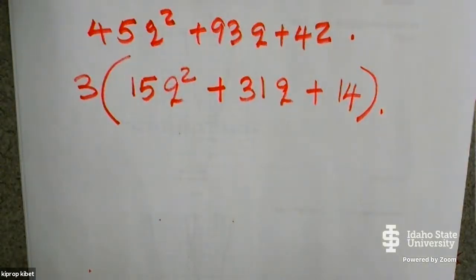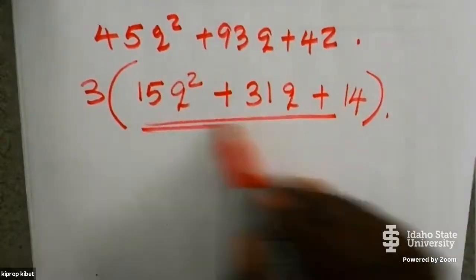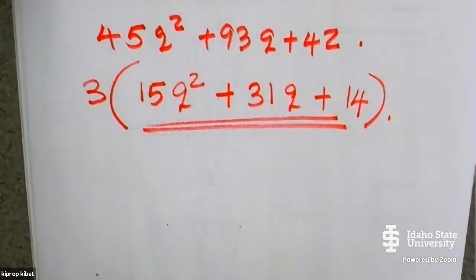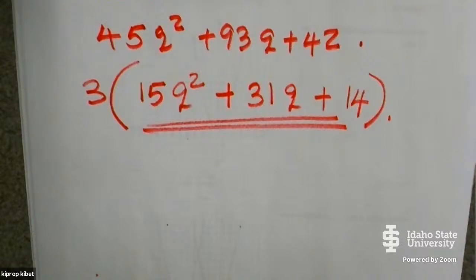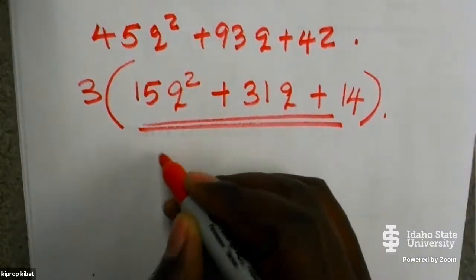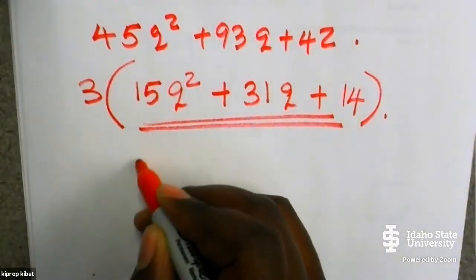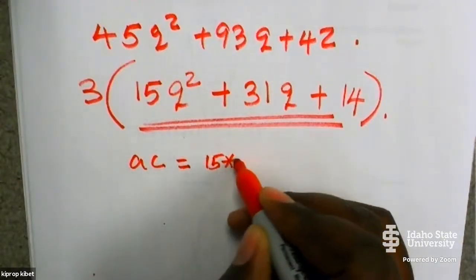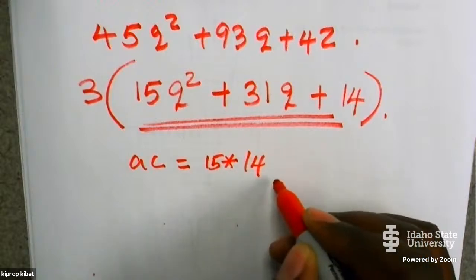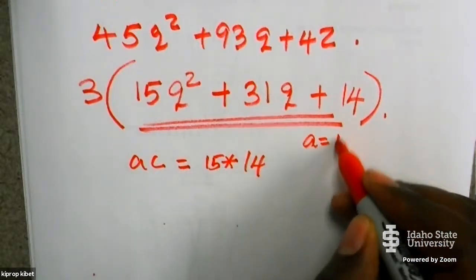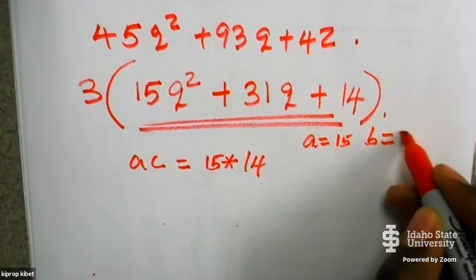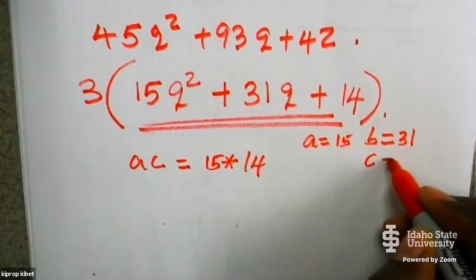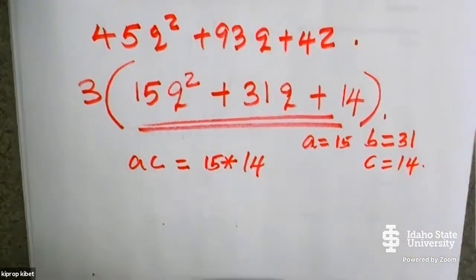Then now you're able to factorize the one which is inside. So here, our AC equals 15 multiplied by 14, because our A equals 15, our B equals 31, and our C equals 14.